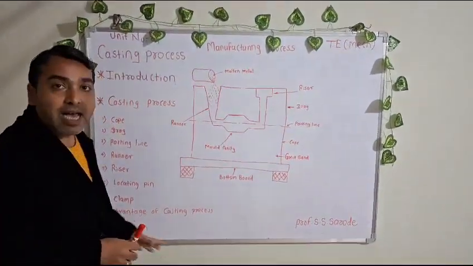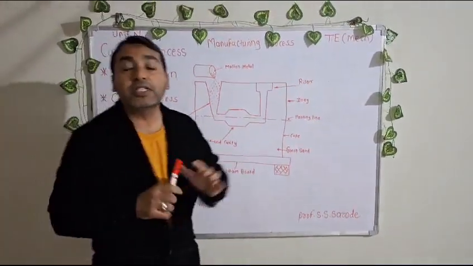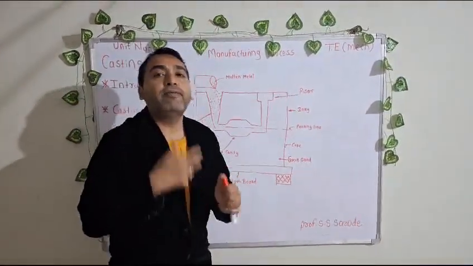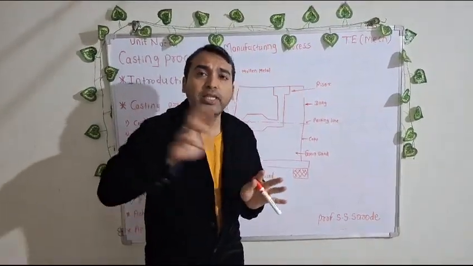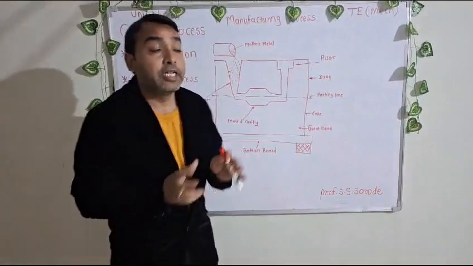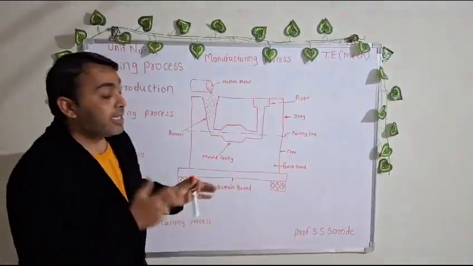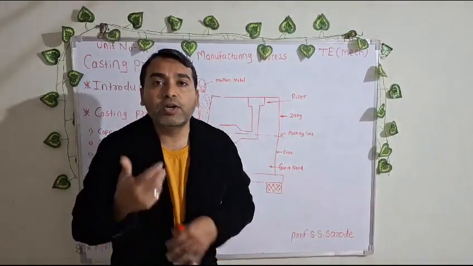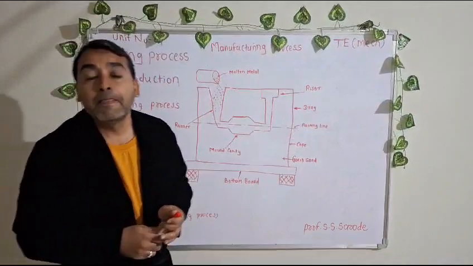The last point is the application of the casting process. The casting process is applicable for different parts. It is mostly used in the automobile sector: the connecting rod is manufactured by using the casting process, and the engine casing of the automobile vehicle is also manufactured by casting.